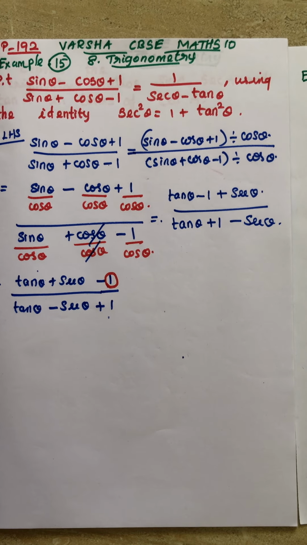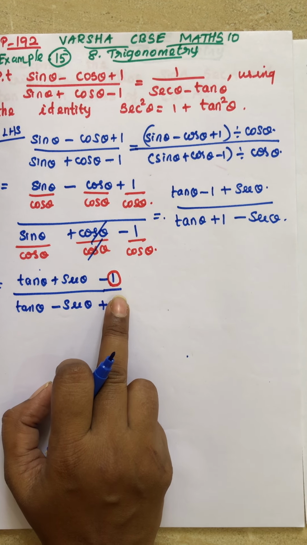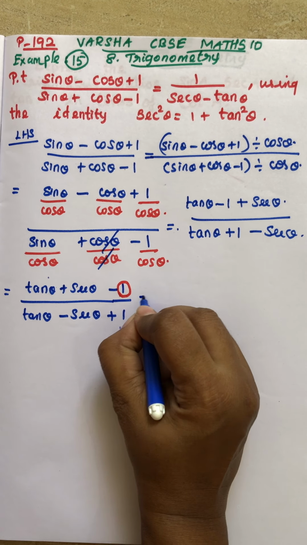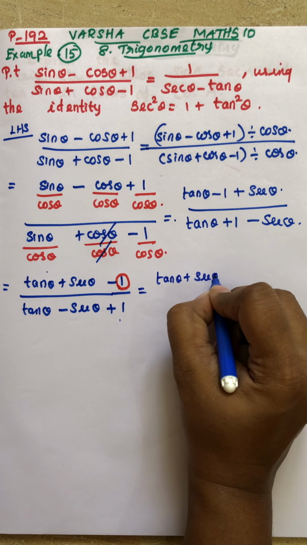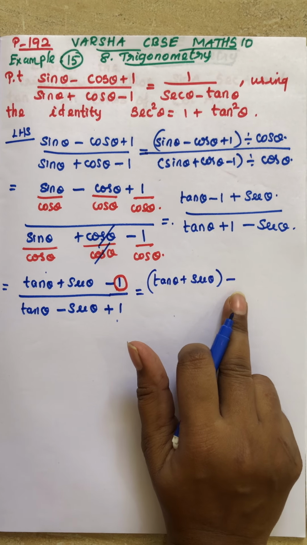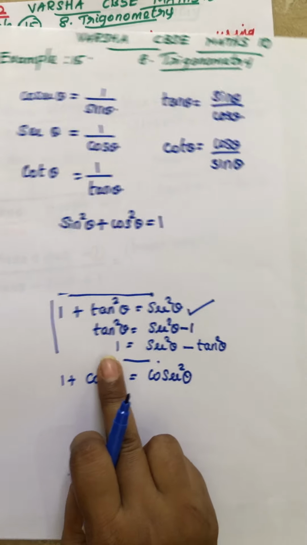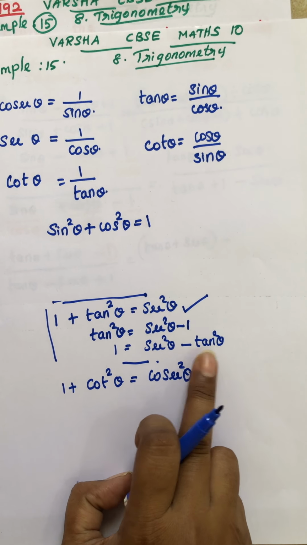By using this identity, I am going to replace 1 with secant square minus tan square. So I write tan theta plus secant theta minus, and for 1 I write secant square minus tan square.